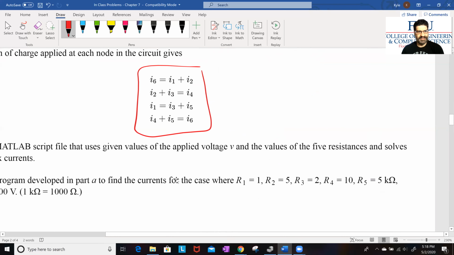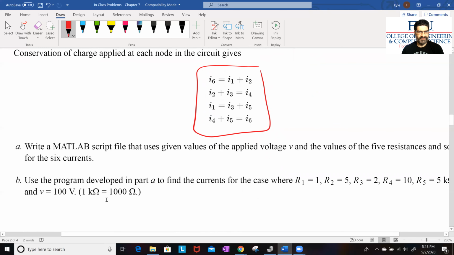So we're given these, and we're given also the voltage V, which is 100 volts. So we are going to use these equations to find I, actually, that's what we want to do. So let's start with, I'm going to write a script for this.